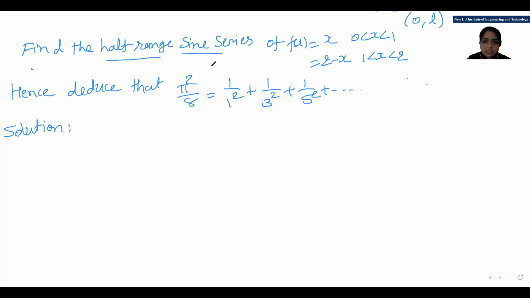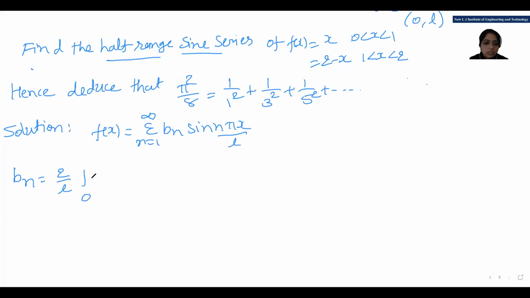As we want to find a sine series, it means f of x is equal to summation n 1 to infinity bn sine n pi x by L. As our overall integral is 0 to 2, we can say this is from 0 to L, right? So the formula for bn is 2 by L, 0 to L, f of x sine n pi x by L dx.